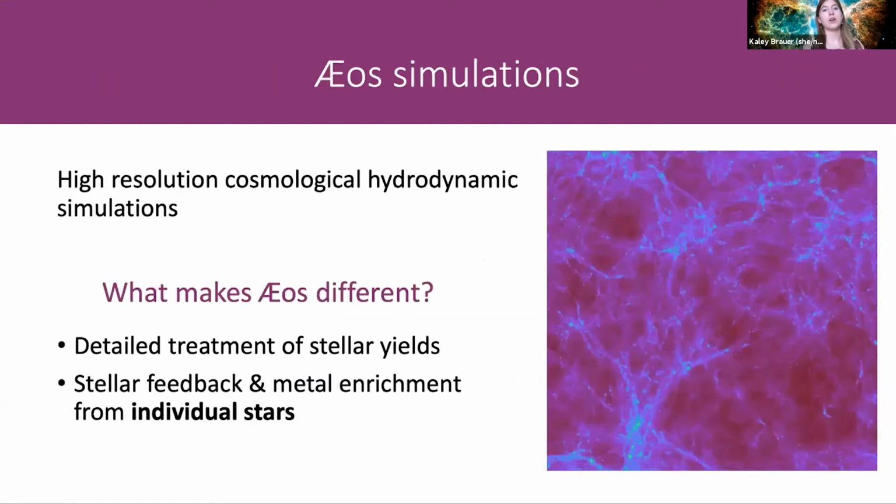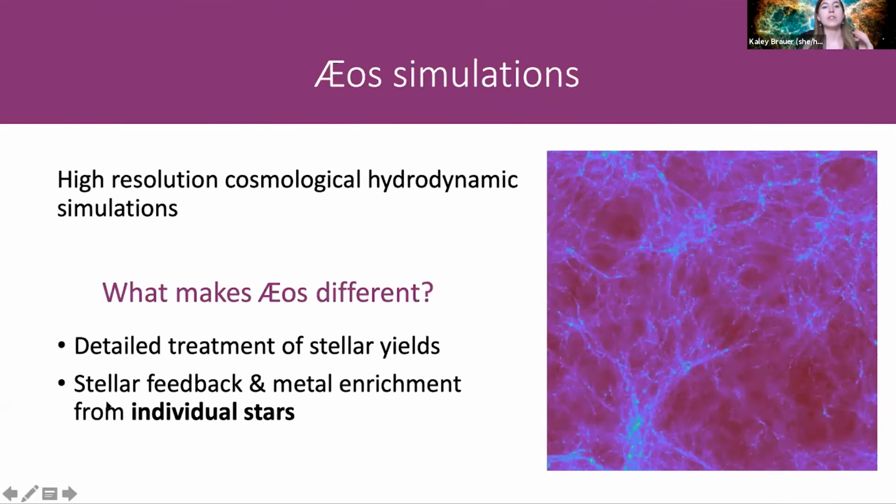The simulations are high resolution cosmological hydrodynamic simulations. This is just a picture of one of the parent simulations that we ran in dark matter only to get an idea of the formation before running the more detailed baryonic physics models. The important part, what makes Aeos different from other models, is really this focus on the detailed treatment of stellar yields.